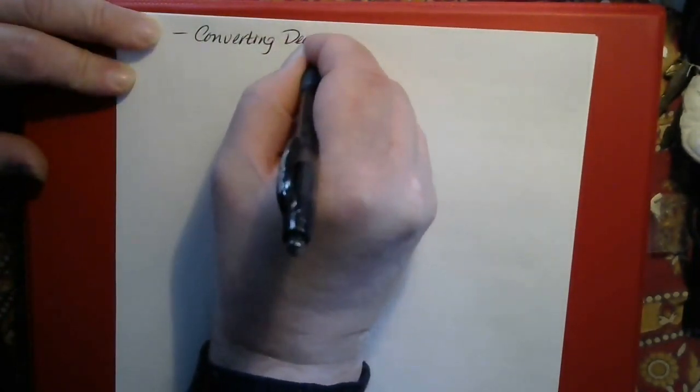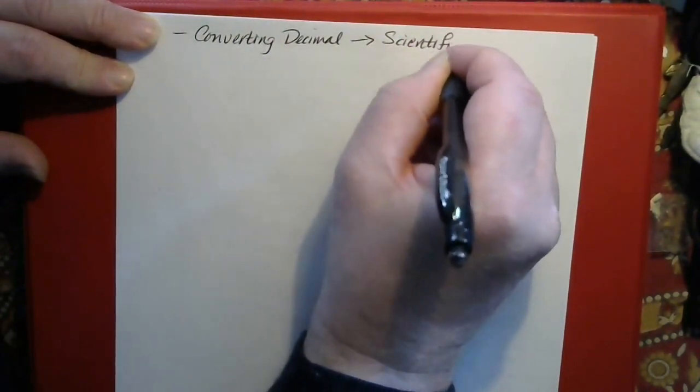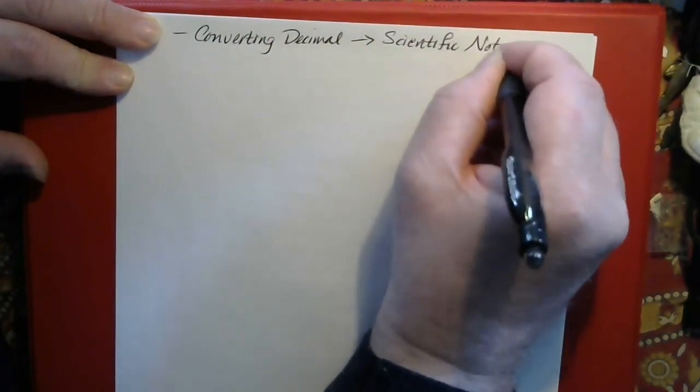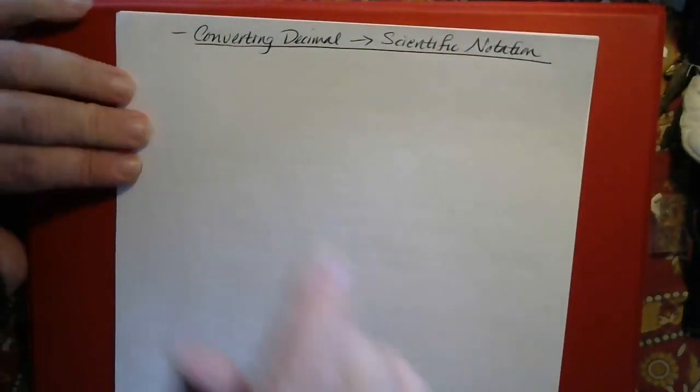Converting from decimal to scientific notation is an important thing to be able to do. So converting from decimal form to scientific notation.